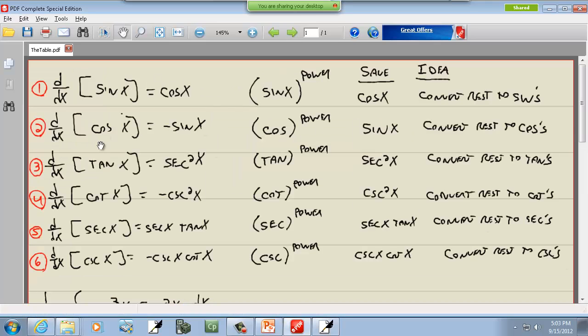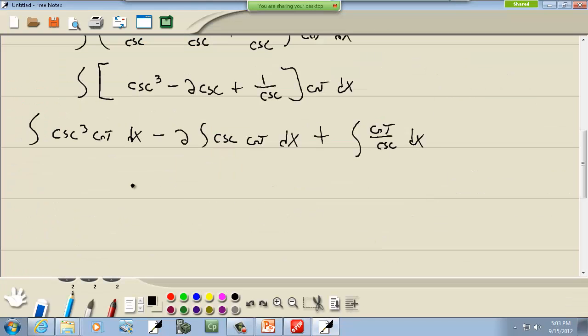Okay, back here. We needed a cosecant cotangent. So for this one, I'm going to rewrite this one as cosecant x, and I'll put the x back in there now. And this will be cosecant x, cotangent x, dx. This is our save part. Now this next one, cosecant cotangent. If I saved that, I'd have nothing left.